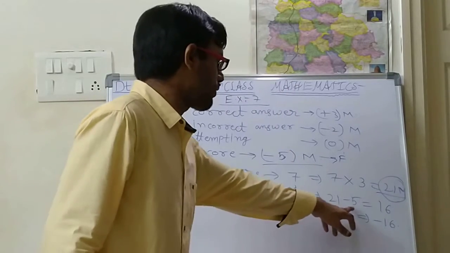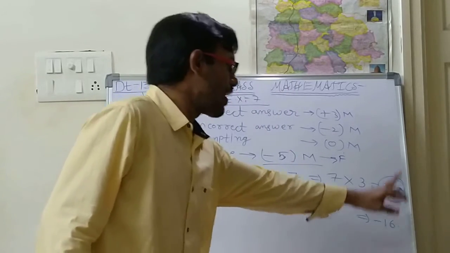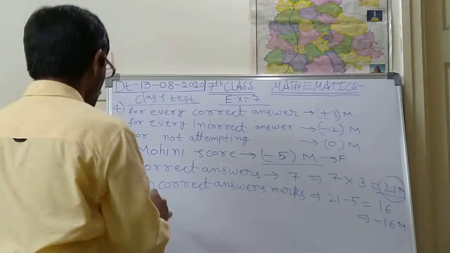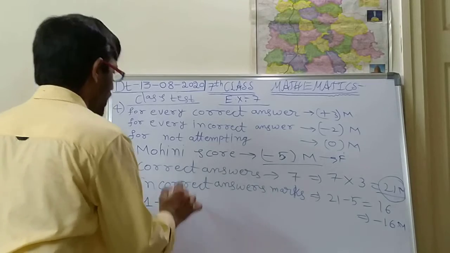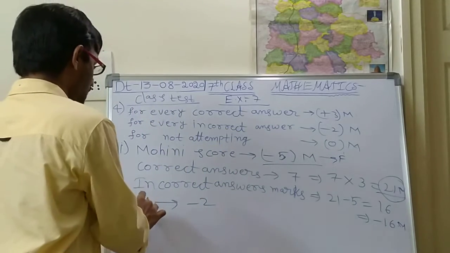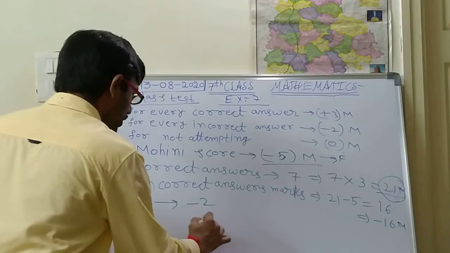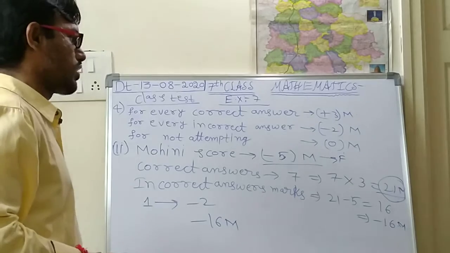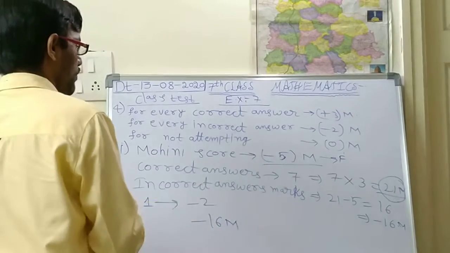So 21 minus 5 is 16, so minus 16 marks. For one incorrect answer, minus 2 marks are awarded. So minus 16 marks for how many questions means the same.